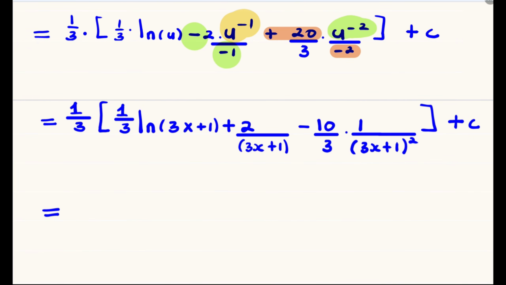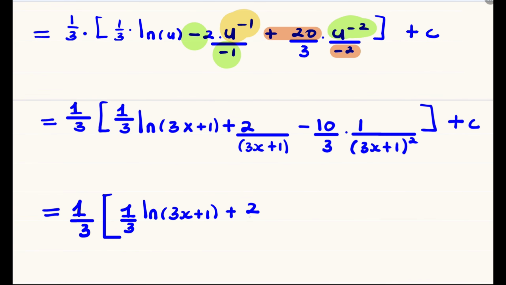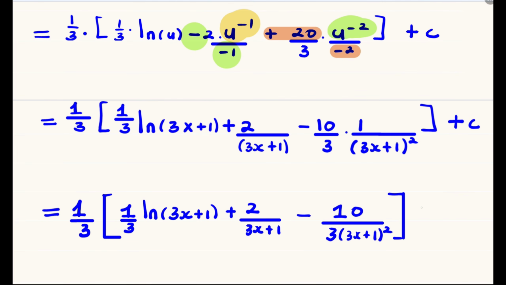So let's just simplify this. We clean it out: 1 divided by 3 into 1 divided by 3 multiplied by the ln of 3x plus 1, plus 2 divided by 3x plus 1, minus 10 divided by 3 into 3x plus 1 all squared, plus c.